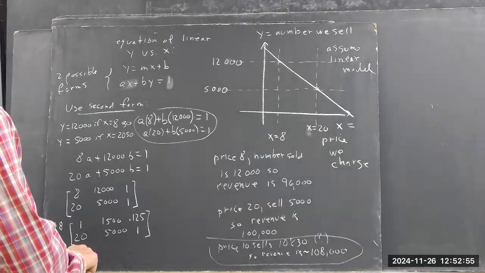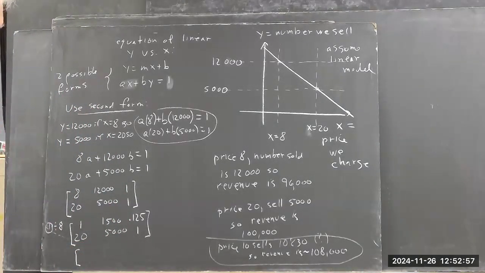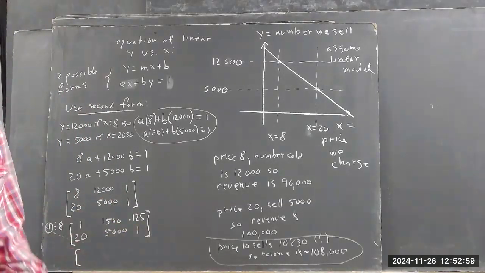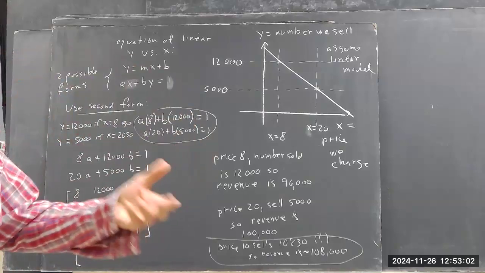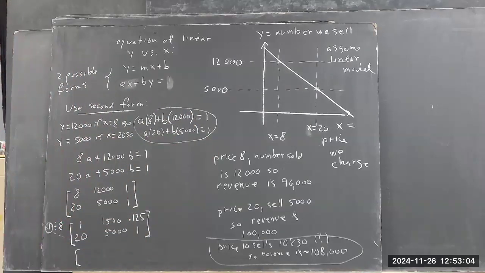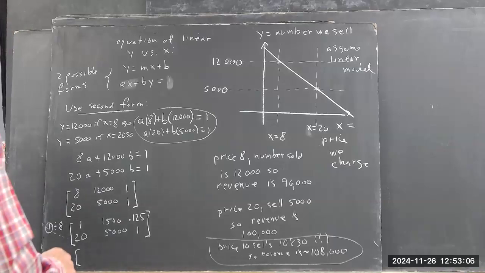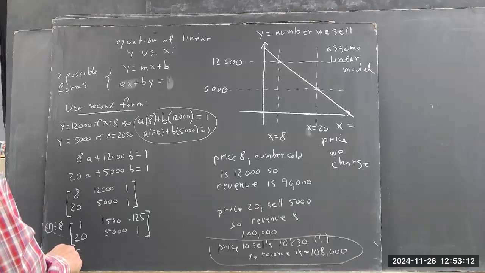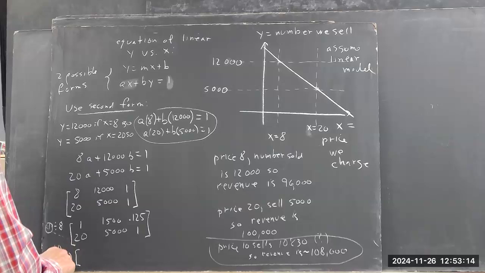Now I'm going to work this out without a lot of explanation because you all did really well with matrices, so I just want to refresh that. Then we keep equation 1 and do equation 2 minus 20 times equation 1.